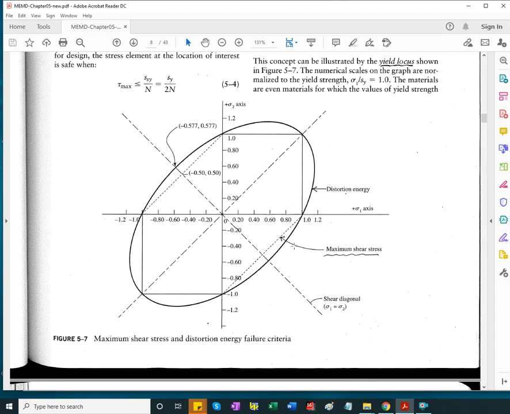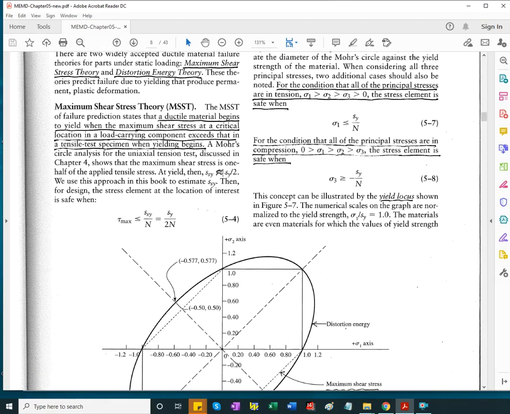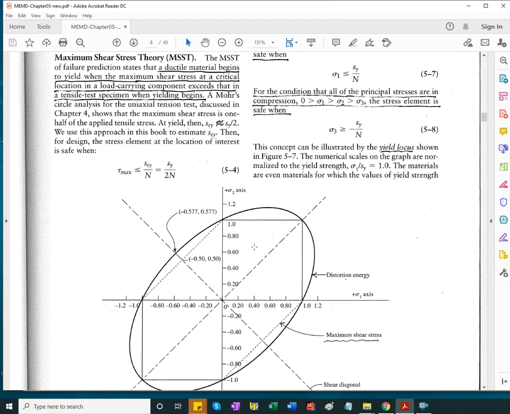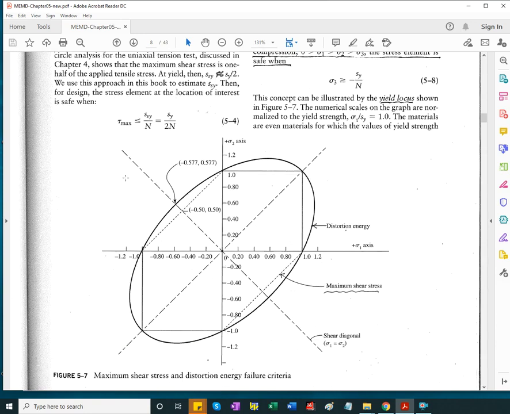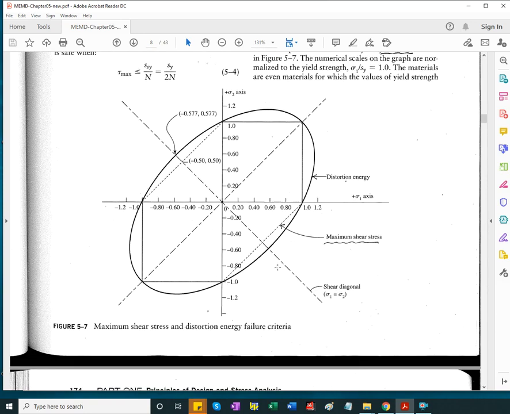Experimental points generated for ductile materials tend to accumulate around this arched portion rather than along a straight line. This is, by the way, called the shear diagonal, and the intersection with the boundary corresponds to this case, that is, tau max is half of the yield strength in shear.